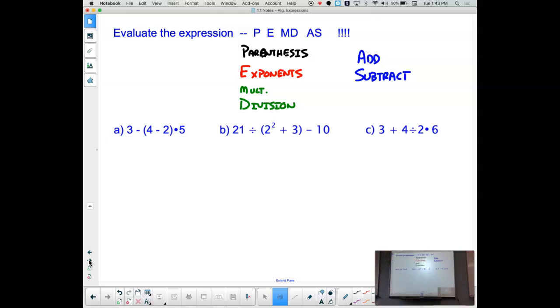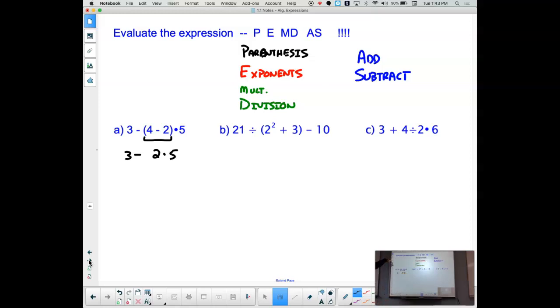Okay? So, if we had some expressions like this that we were going to be simplifying or evaluating, the first thing that we would do would be parentheses. Well, here's a set of parentheses. 4 minus 2 is 2. So this in my brain is 3 minus 2 times 5.